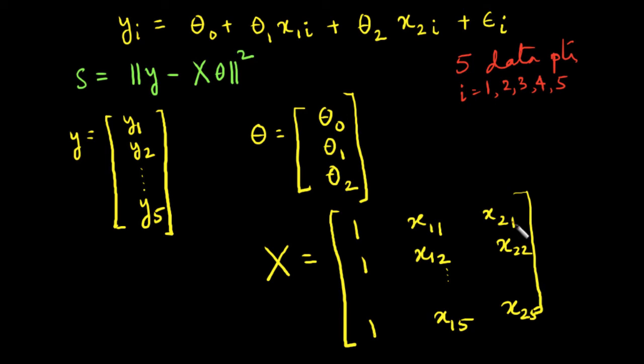So now that we have written our parameters and various inputs and outputs in a suitable format, let's see how we can find an analytical expression for the estimated values for theta. The least squares error function S is equal to norm of y minus capital X theta squared.